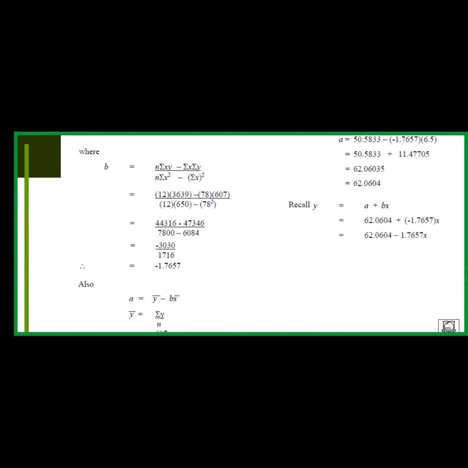So let's go to A. A equals Y bar minus B X bar.